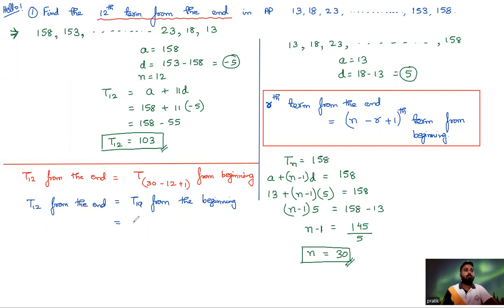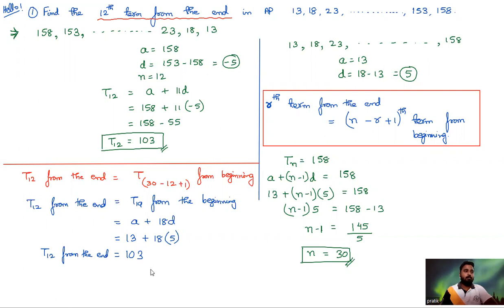So what is T19 from the beginning? As per the formula, it is A plus 18B, where A is 13 plus 18 into 5. 18 into 5 is 90. 90 plus 13 is nothing but 103. That is T of 12 from the end.